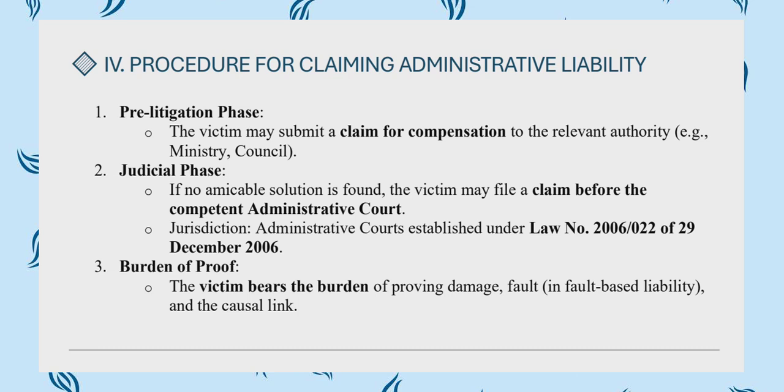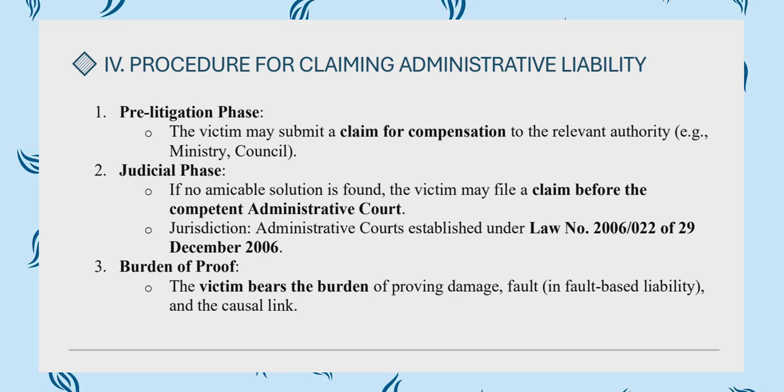When you come to the competent administrative court, according to law number 2006/022 of 29 December 2006, that set up the organization of the administrative court, you will have the burden of proof. The burden of proof lies on the victim, you that have suffered the consequence of the administration's action.